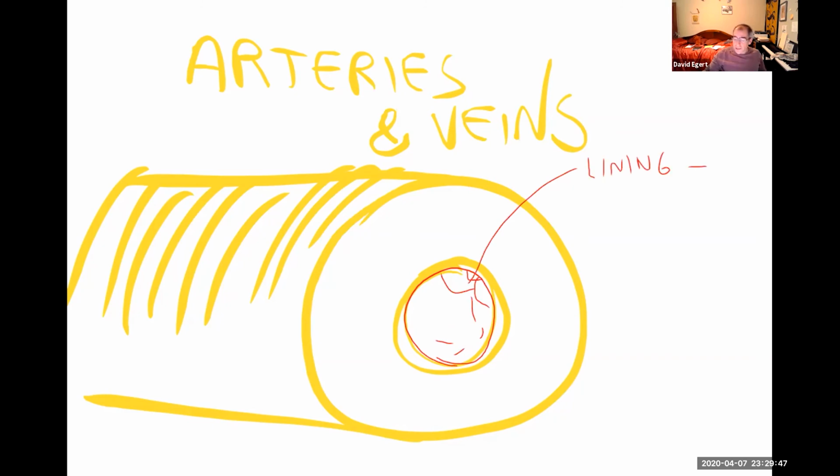So the lining is always going to be called this endothelium. We also call it the tunica intima. So when you're reading about blood vessels or research on this or that in terms of vessels, sometimes they'll call it intima.